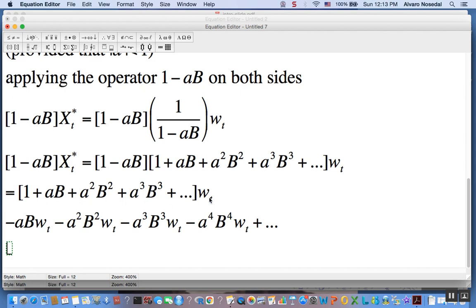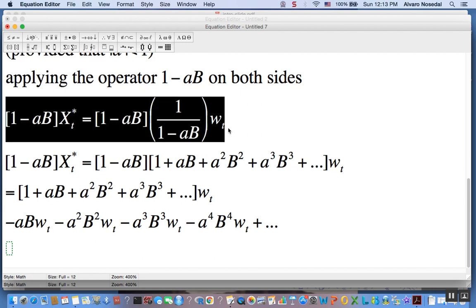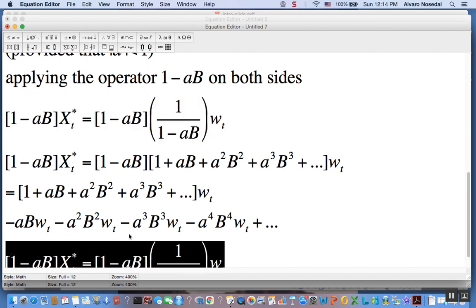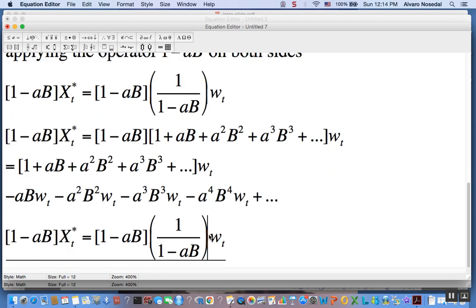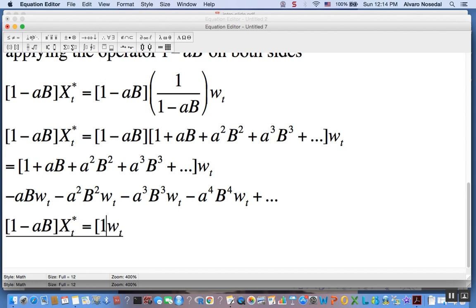The only one that is going to survive is WT. Agreed? So what we have is that this is the same as just this. Makes sense? Can you see it?